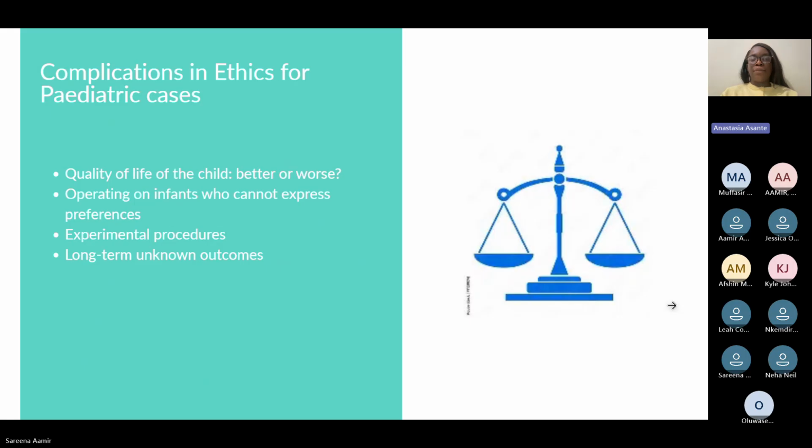So there are a few debates when it comes to ethics in pediatric cases, the first one being quality of life. So is a decision that the parents are making going to impact their children's life for the better or for the worse?